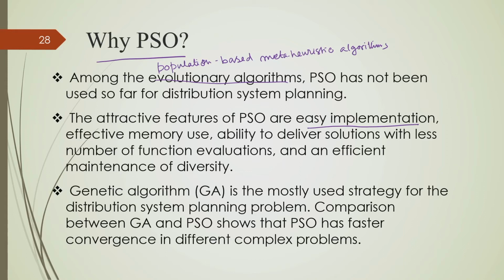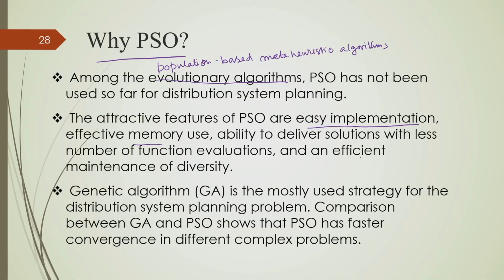Although easy is a vague word, and something easy to me may not be easy to someone else, if you implement many such meta heuristic algorithms yourself, you realize that PSO needs only a few lines of coding. So it is indeed easy to implement, and it also has effective, low memory use and the ability to deliver a solution with fewer function evaluations. You can identify those things if you go through the literature on different meta heuristic algorithms.